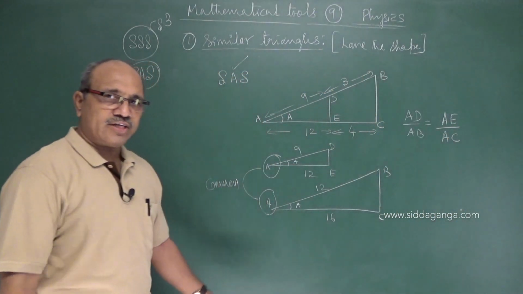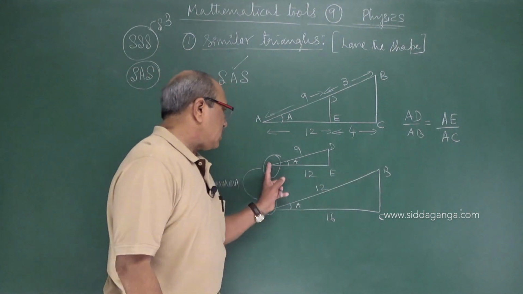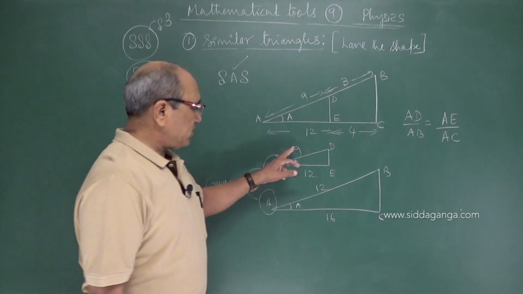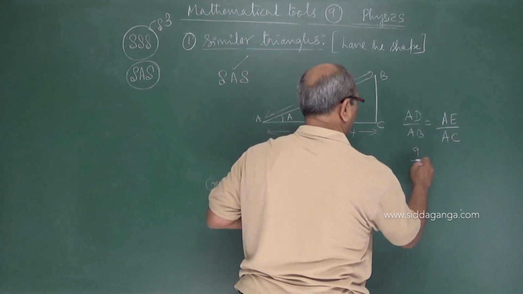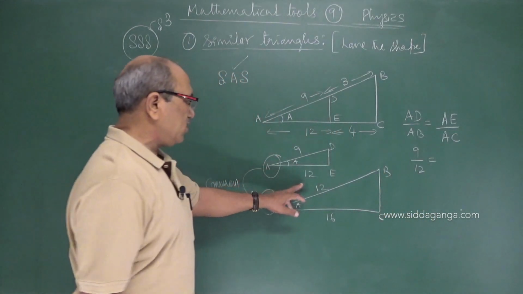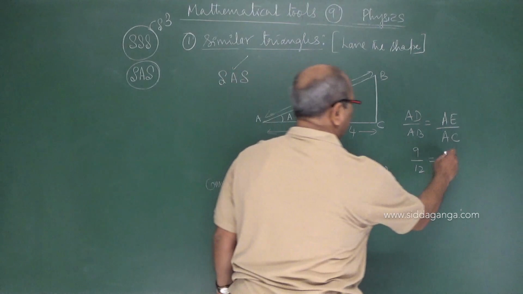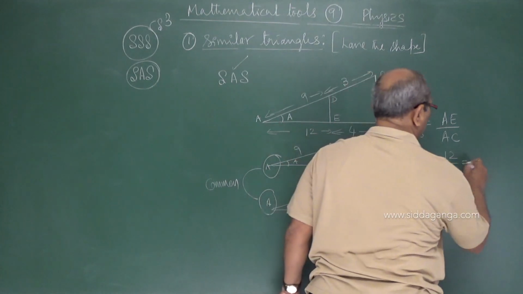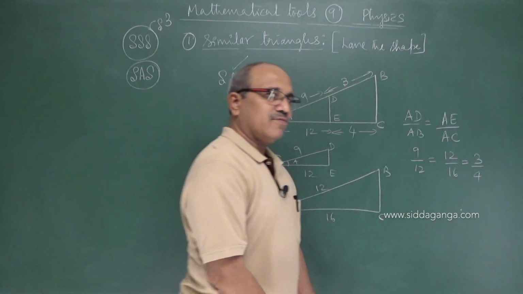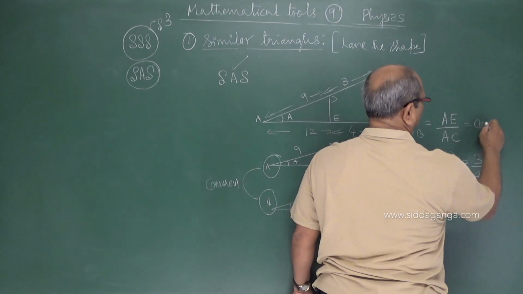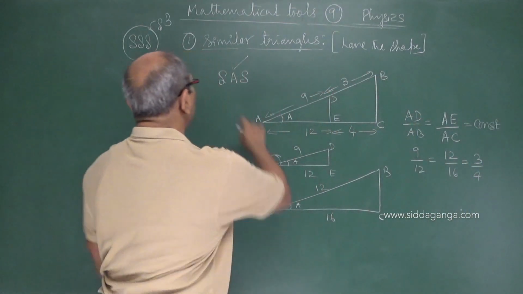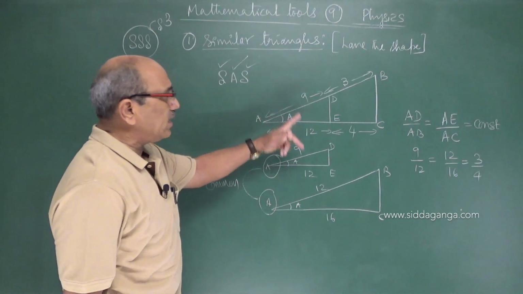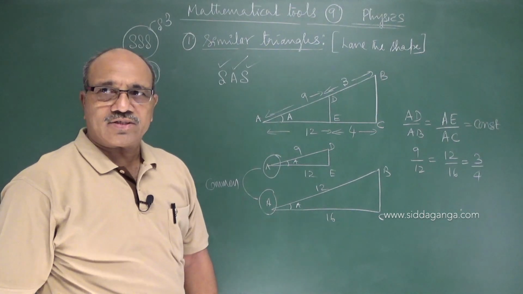For example, what we have taken here is 9 by 12 must be equal to 12 by 16. 3, 4, 3, 4. It appears to be common as 3 by 4. It remains a constant. Then we say two sides are in the same ratio and the angle is the same, then the two triangles are said to be similar triangles.